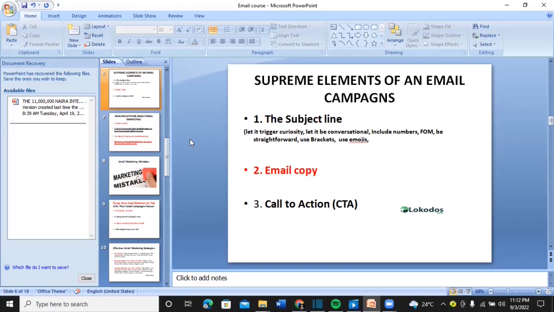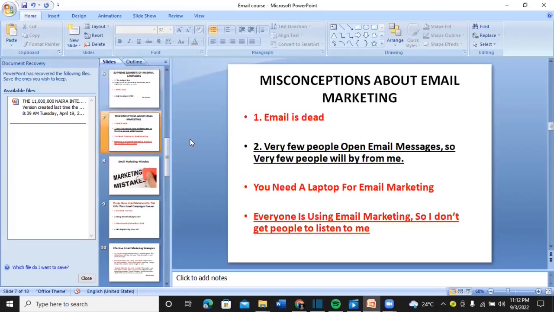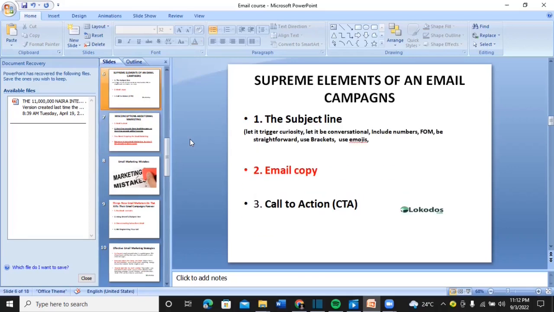So the next element of an effective email campaign is the email copy, also known as the email body. The email body is very important because it contains the supreme reason in the mind of your subscribers or readers why they open the email.